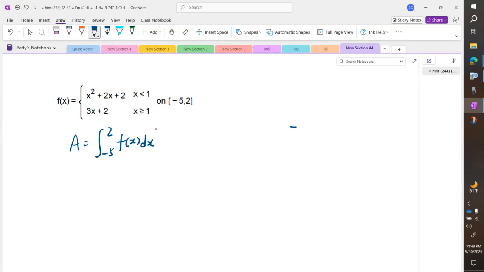So we can use this definite integral to represent the area, because the curve is all above the x-axis, no area below, so that's important. Since it's a piecewise function, we have to write this integral as from -5 to 1, and 1 to 2.